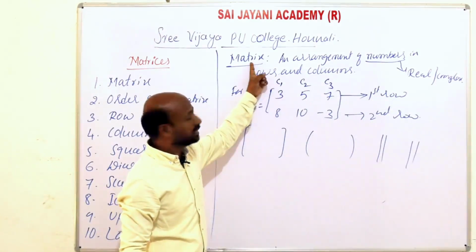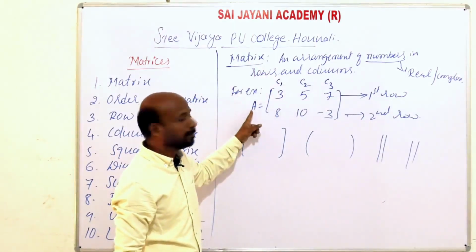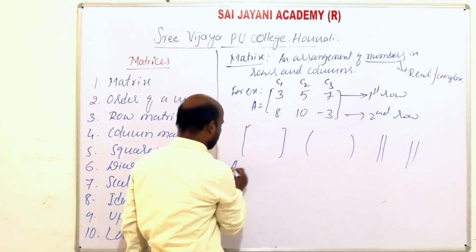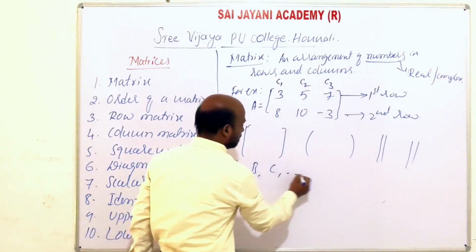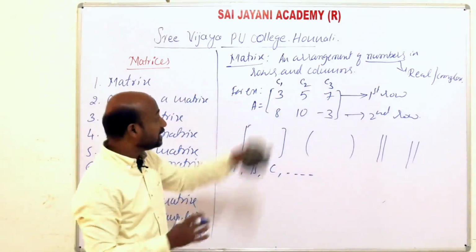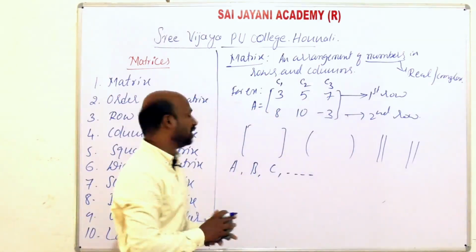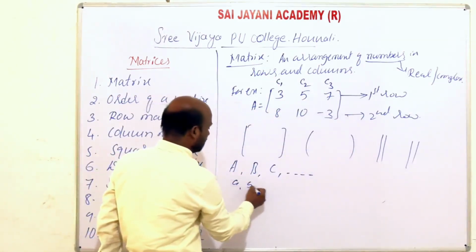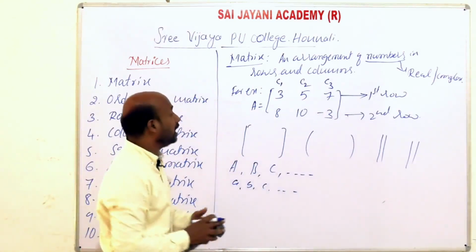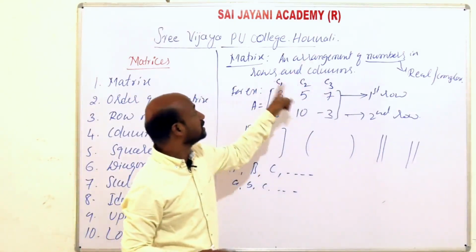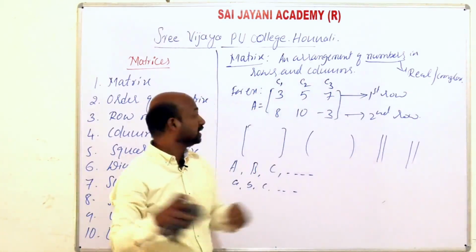And generally matrices are represented by using capital alphabets like capital A, capital B, capital C. And the elements in the matrices are generally represented by small letters a, b, c. And the arrangement of numbers in rows and columns is enclosed within brackets.